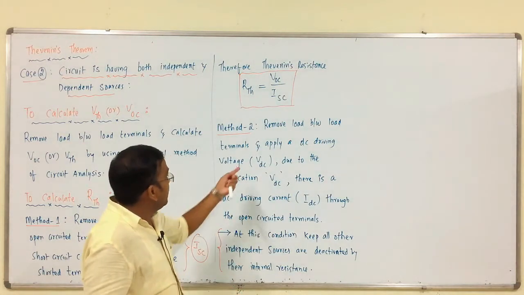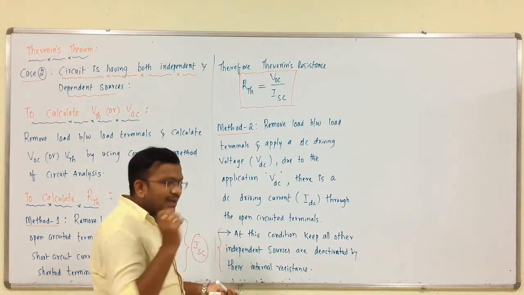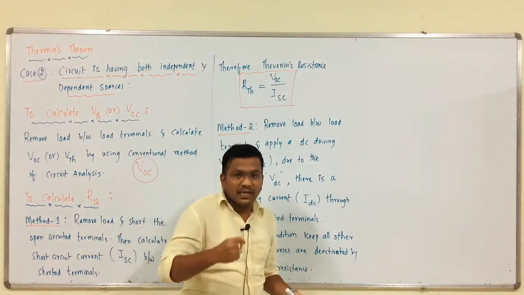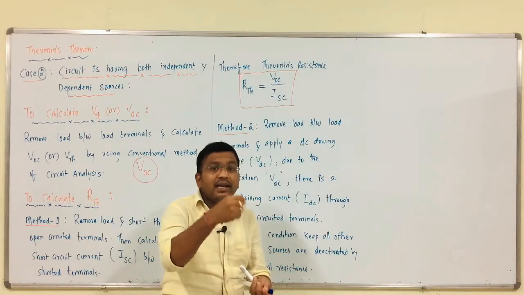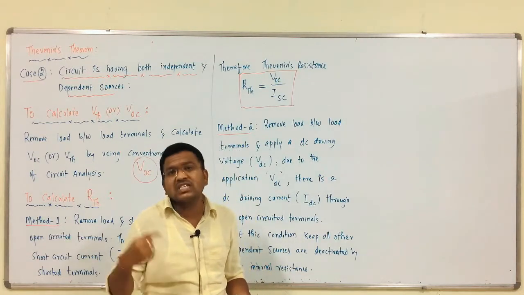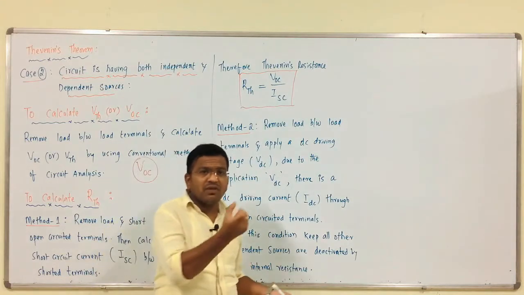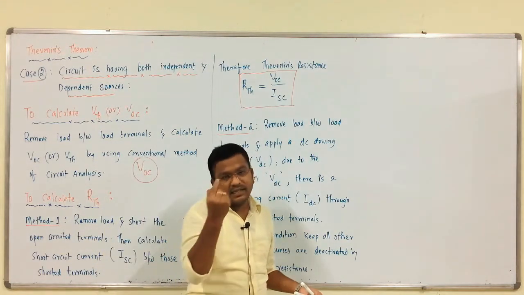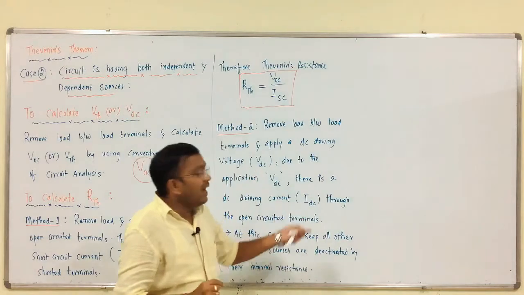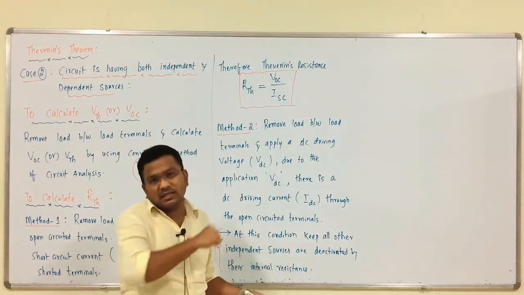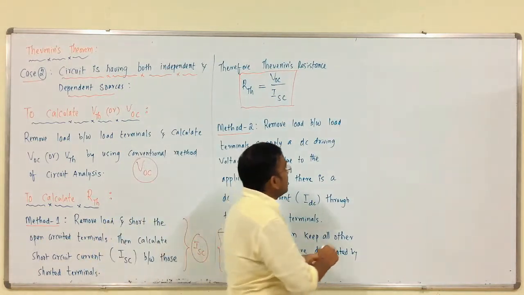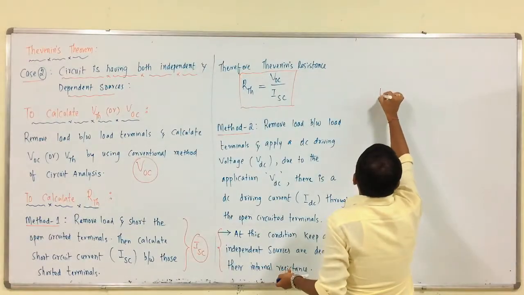Simple. In this method 2, remove that load, between those two open circuited terminals we have to provide a DC driving voltage, that is an external DC supply. So, due to the application of that VDC, there is a current, that is the DC driving current called IDC, through those terminals. Therefore, from this, what is the value of RTH?